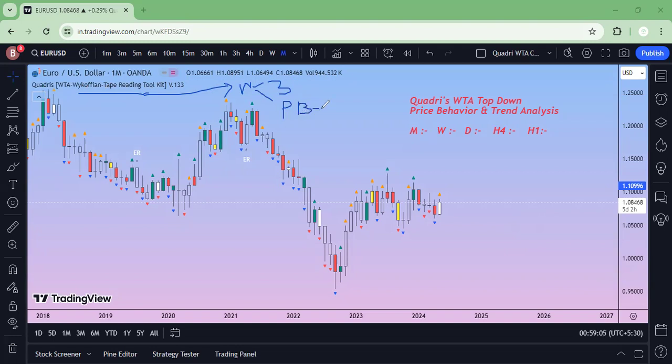When I say price behavior study, that means the exchange of hands taking place between demand and supply, or from buyers to sellers. This is normally referred to as distribution, and this is normally referred to as accumulation.